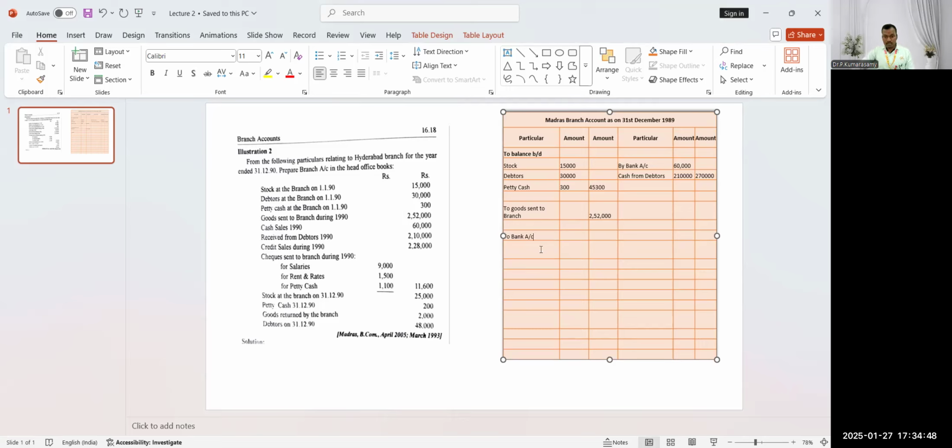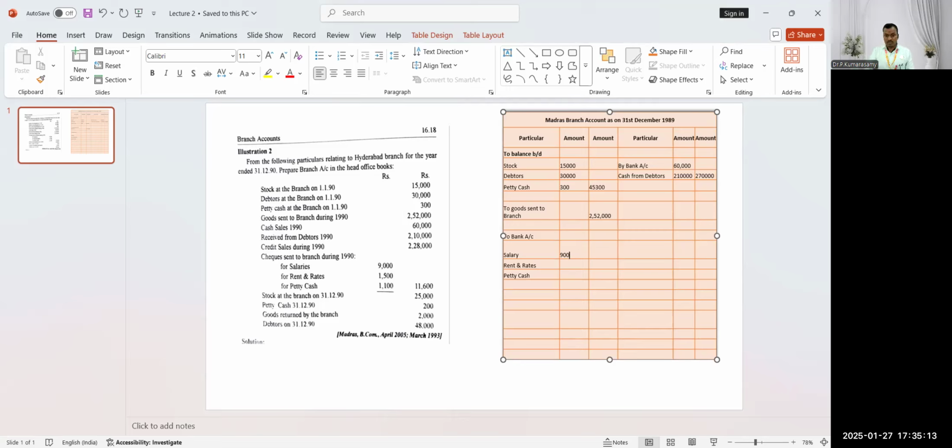You take and write. What are the expenses here? One is salary. Second, rent and rates. Third one is petty cash.